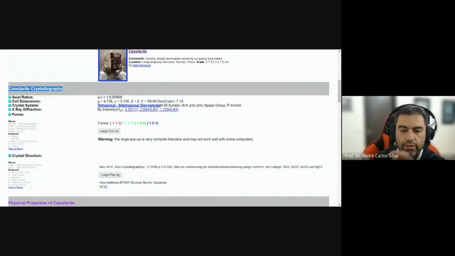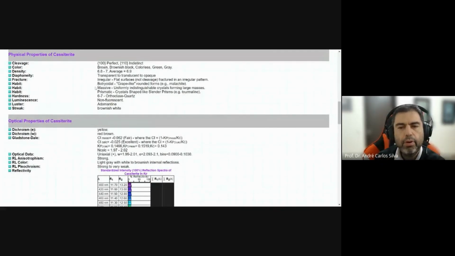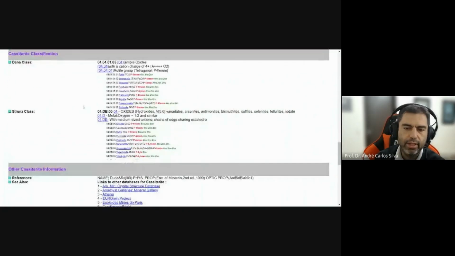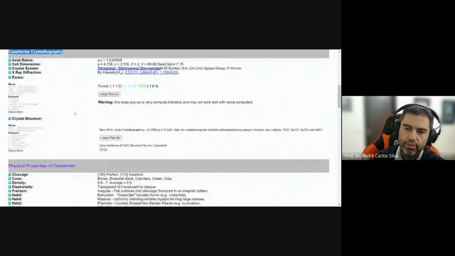So those are pretty much the first two things. If I keep on browsing, we're going to have physical properties, optical properties, and so on. I definitely don't need those on my daily basis. Just the very first two pieces of information. The second one is a picture, but the first two are everything that I need.